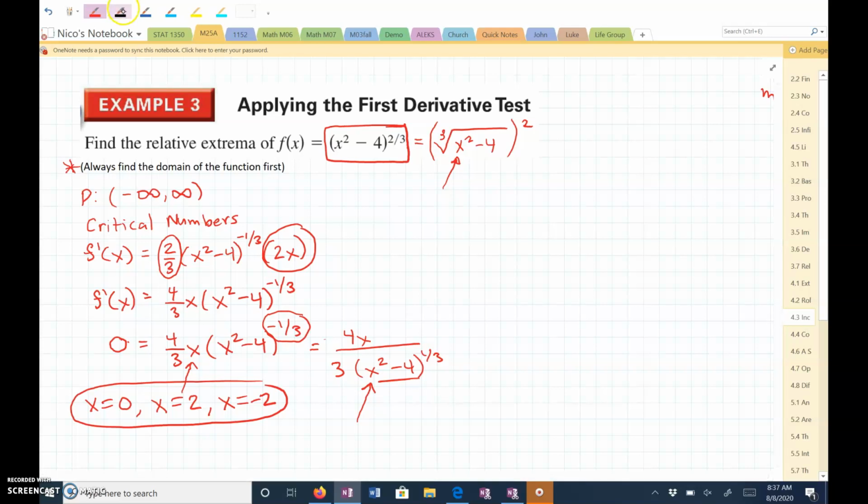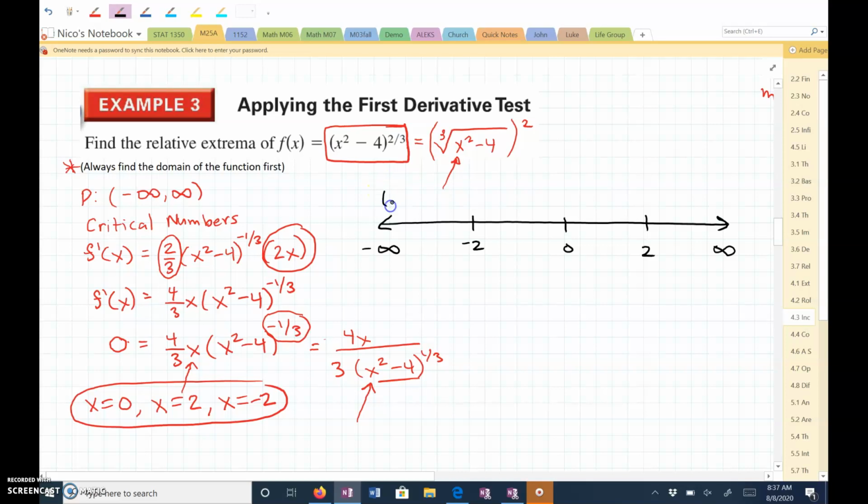Now what we do, we take the domain, write it as a number line, which is from negative infinity to positive infinity. We plot the critical numbers, so negative 2, 0, and 2. And now we have these intervals.